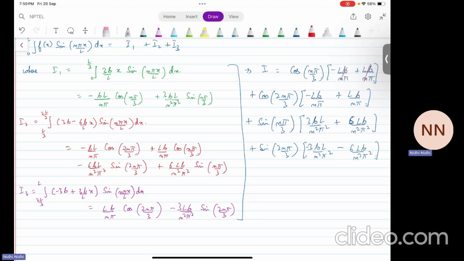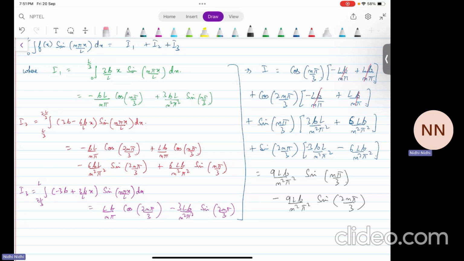So this gets cancelled out. We are left with 9 lb by n square pi square sine n pi by 3 minus 9 lb by n square pi square sine 2n pi by 3.